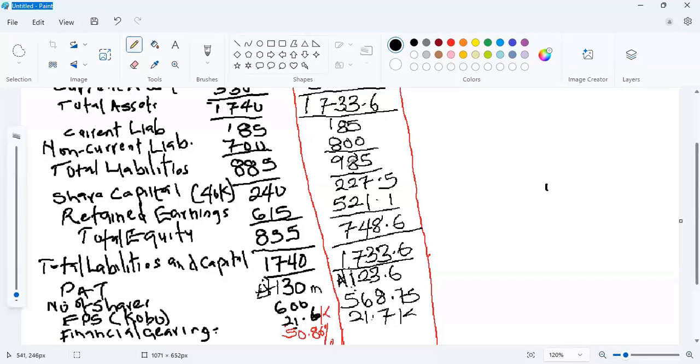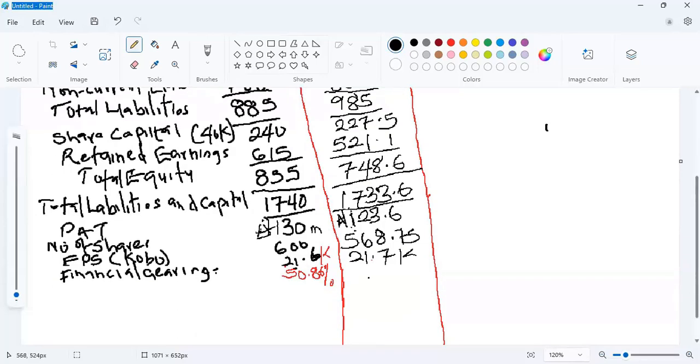Total liability is 985 million, total asset is 1,733.6 million, multiplied by 100. What is the financial gearing now? 56.8%. Once you multiply by 100 for financial gearing, you are looking at a percentage.